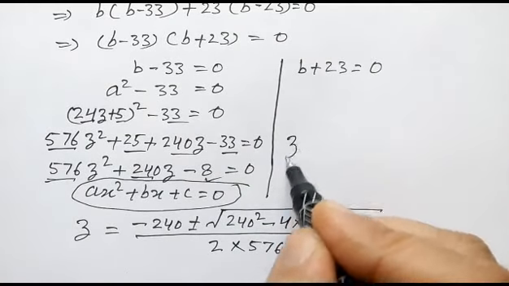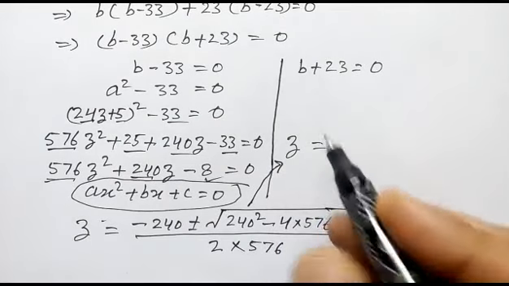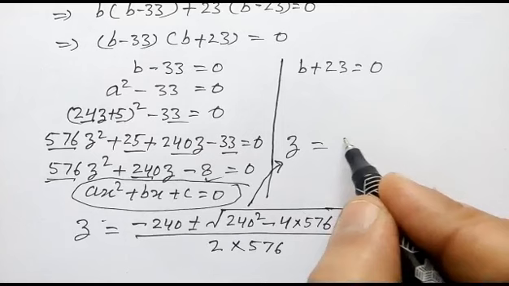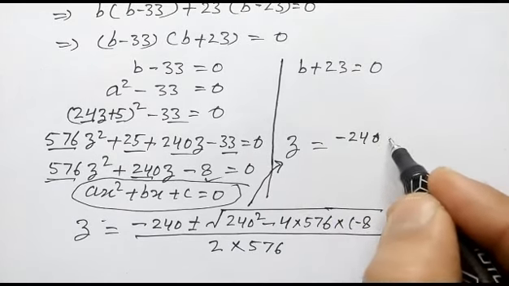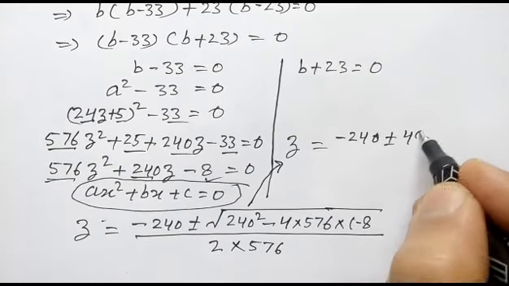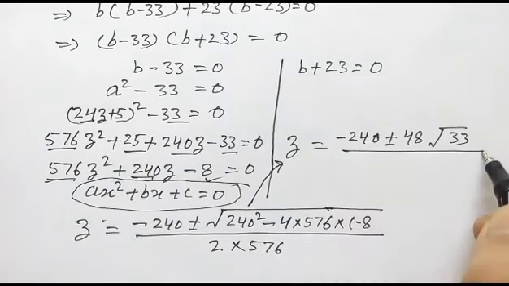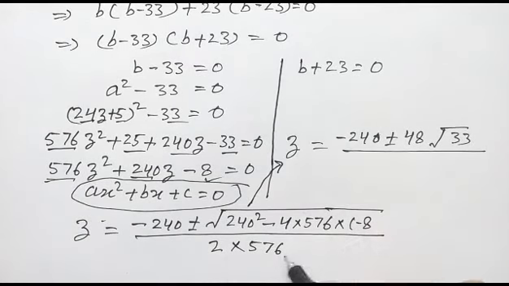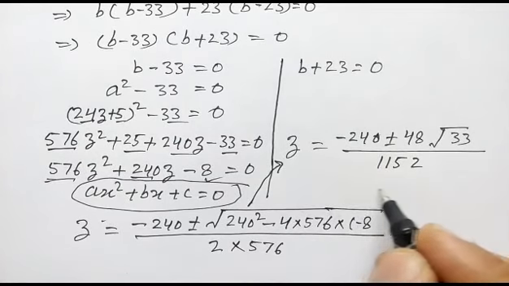So z is equal to minus 240 plus minus, this value will become 48 square root of 33, over this into this, 1152.